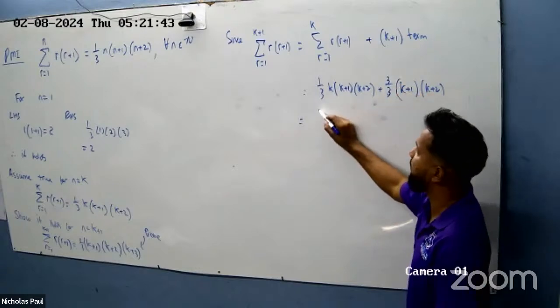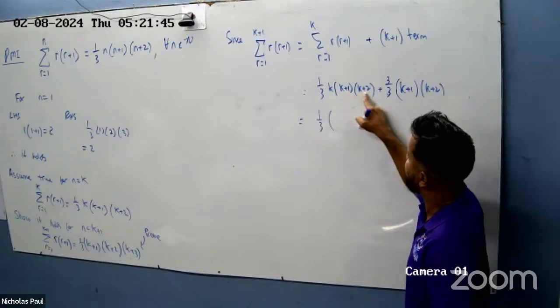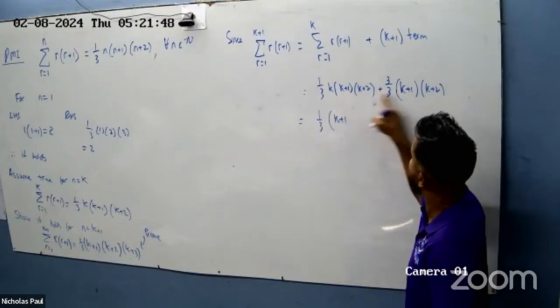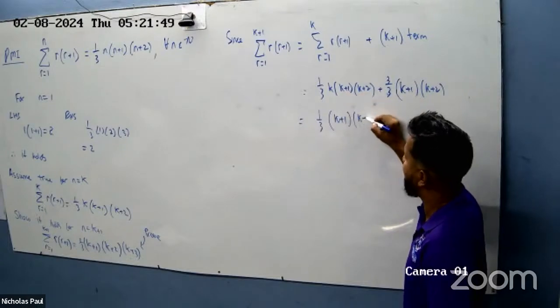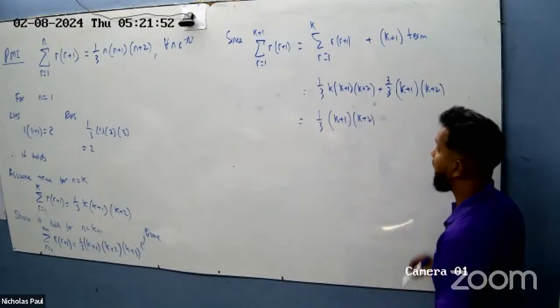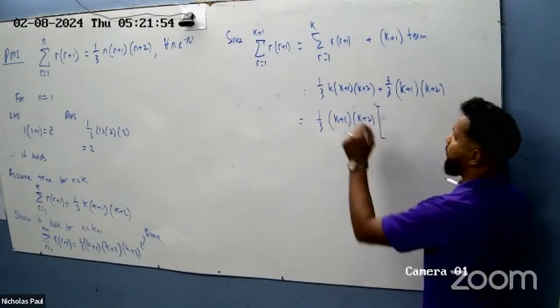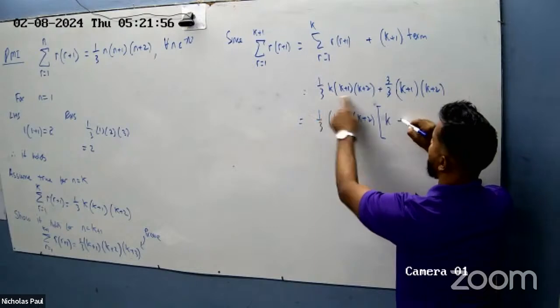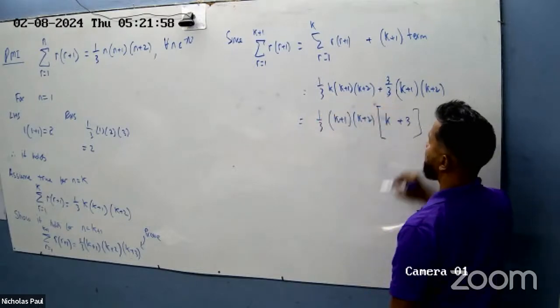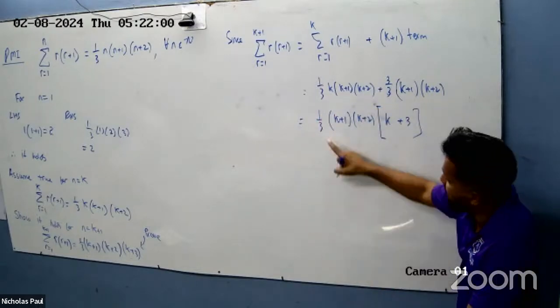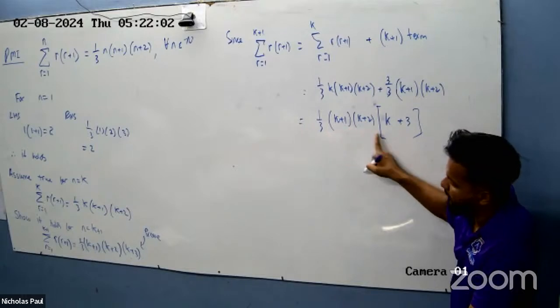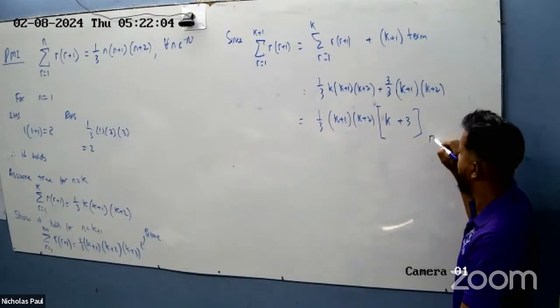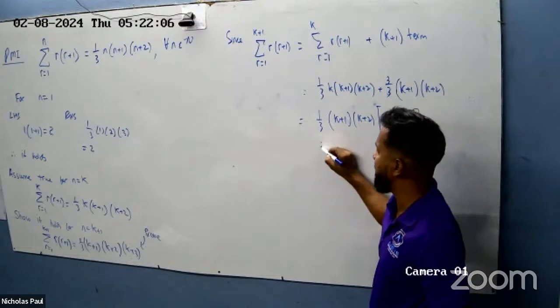So we can factor out 1/3. We can factor out k plus 1 from here and here, and we can factor out k plus 2. We'll be left with k here, and we'll be left with 3 here. That's it. 1/3 (k+1)(k+2)(k+3). And then you write your usual statement.